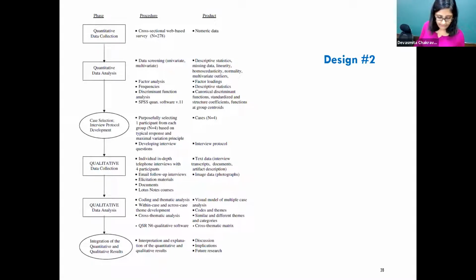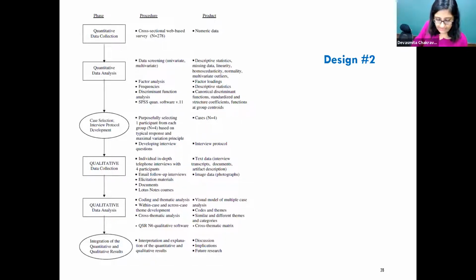They found something. Now, based on that, they did a case selection. So see, we have our oval, our circle now, which is where the mixing is happening, which is they've selected a few cases based on the survey results. They develop an interview protocol.